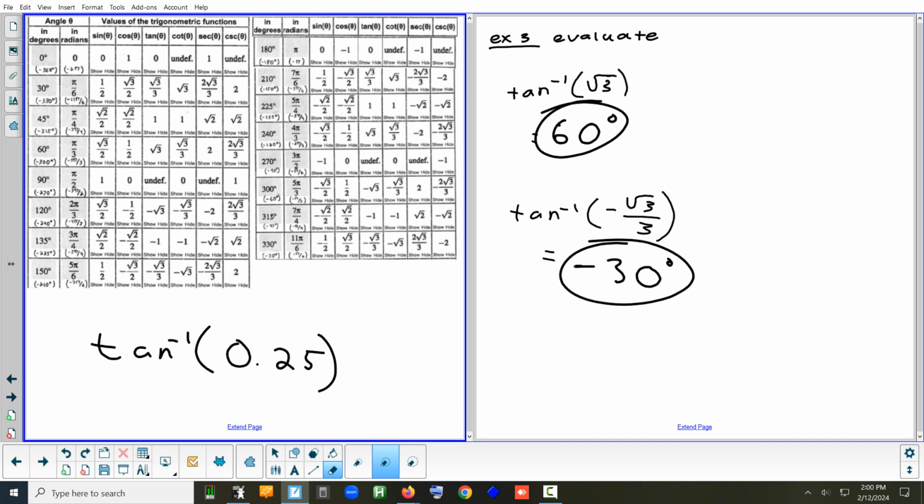It's not there. What do you mean it's not? It's not there. Nope. Okay, 0.25 is never in the tangent column.